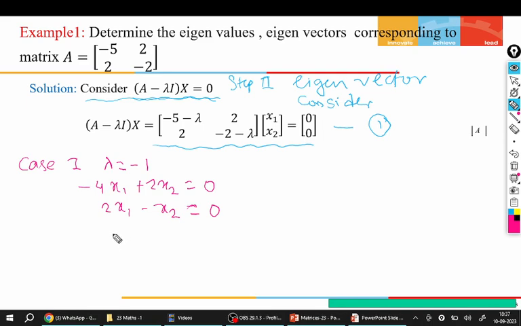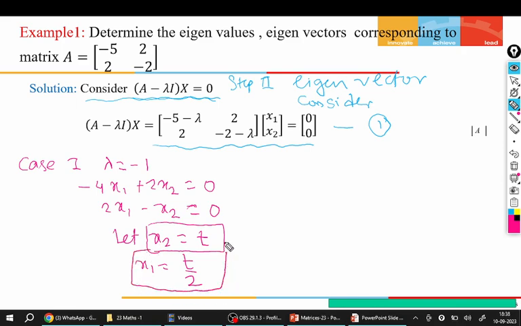Or you just always start like assuming that x2 is t. Let x2 is t, replace in any of these equation number 1 or 2, we get x1 is equal to t by 2. So x2 is t, x1 is t by 2.